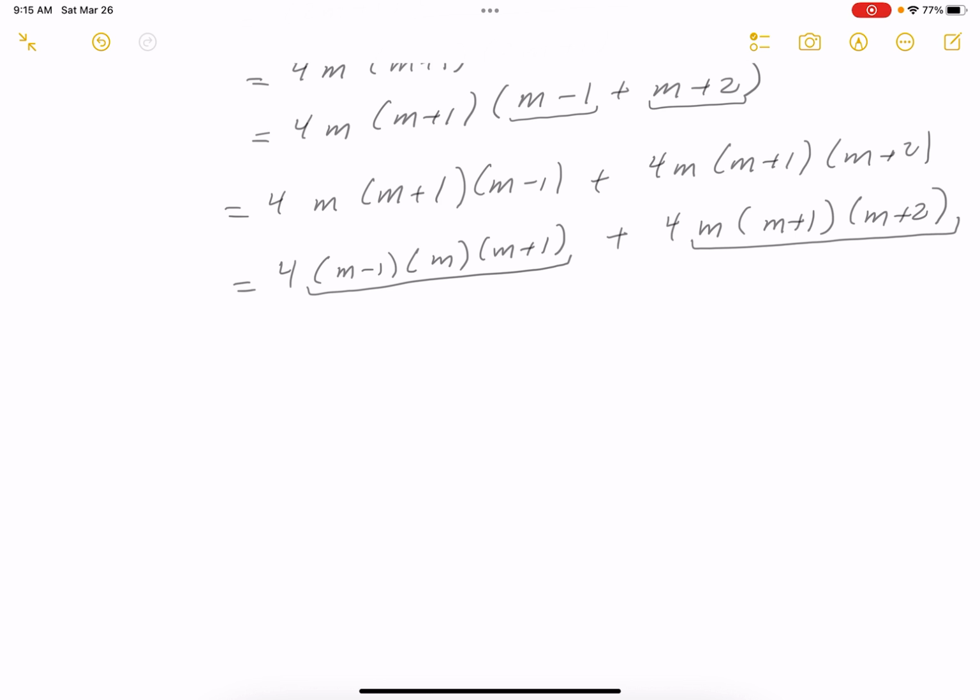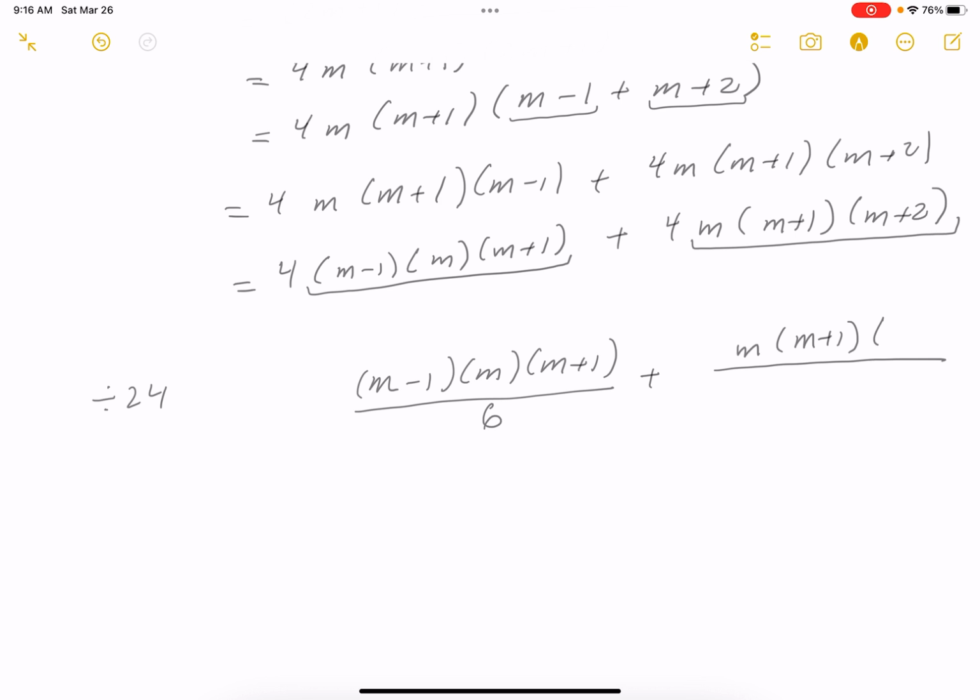So I'm starting to see something here, and I'm going to start to divide this by 24. Since 4 goes into 24 six times, what I really need to show now is that m minus 1, m, m plus 1 is divisible by 6, and that this other product is divisible by 6.